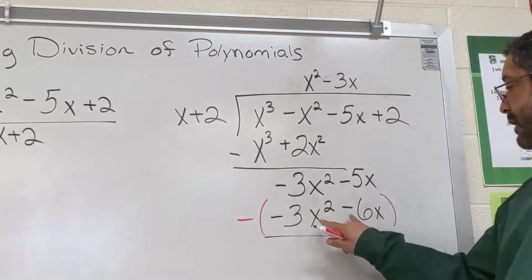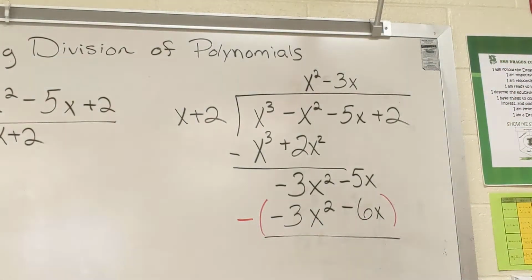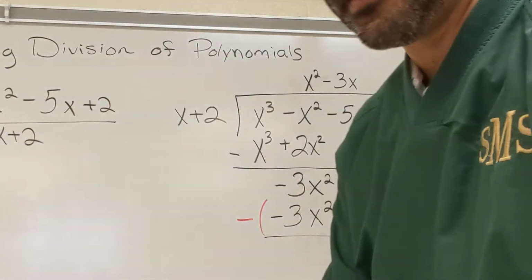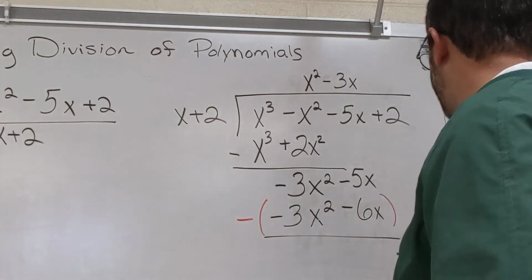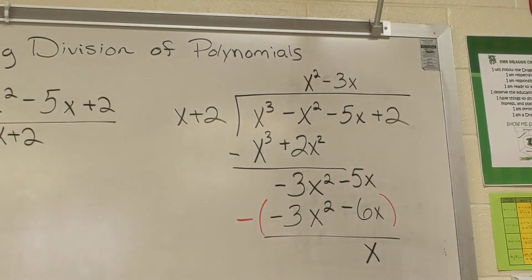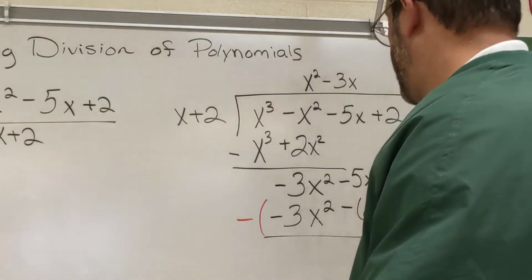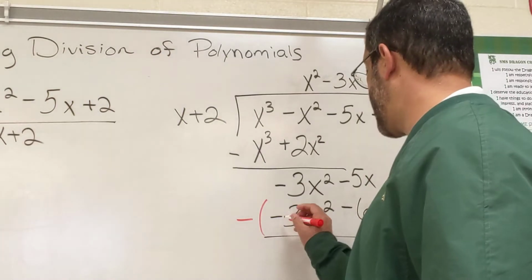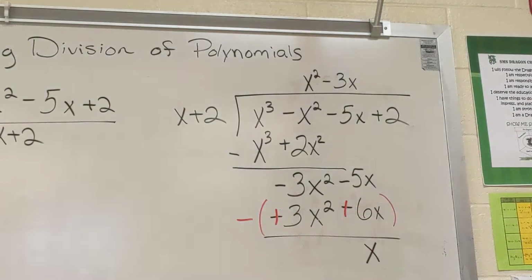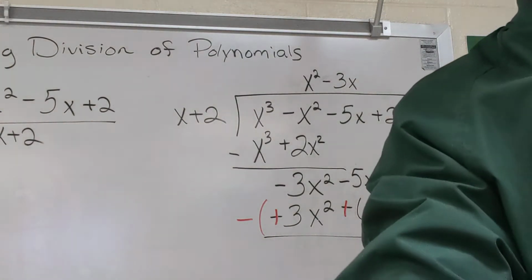Negative 5, 2 negatives make a positive, so negative 5x plus 6x is going to leave me here with just an x. So distribute that negative, that becomes plus, and that becomes plus for sake of illustration.